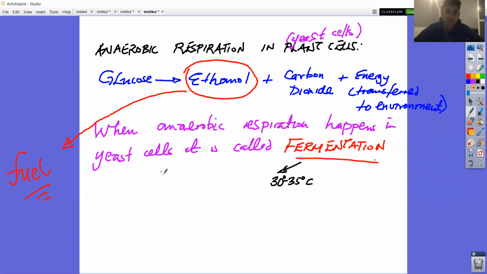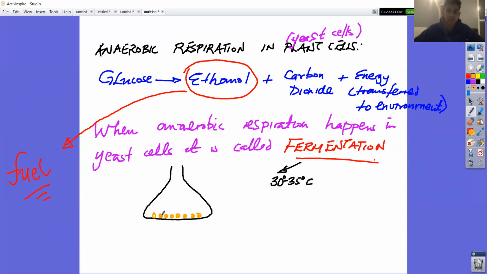So it's a very basic setup, if you like. If I have yeast. Now, where do we find yeast? In bread. Correct. Why do you use yeast in bread? Does it expand?